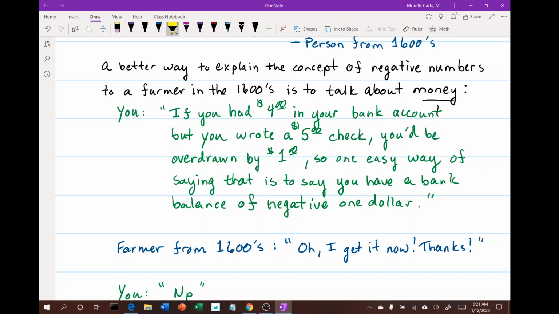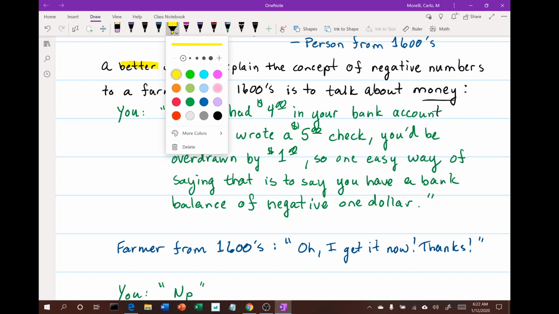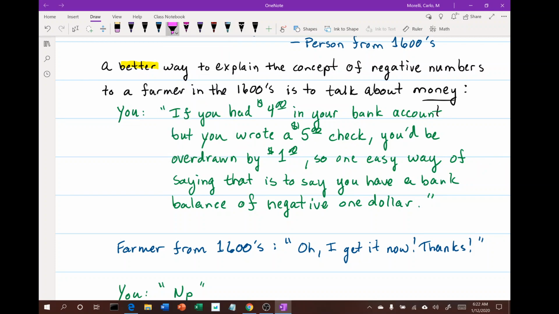So, a better way to explain the concept of negative numbers to a farmer in the 1600s is to talk about something we all know a lot about and have a kind of instant familiarity with, and that's money. So here's you, the viewer, talking to the person in the 1600s. If you had $4 in your bank account, but you wrote a $5 check, you'd be overdrawn by $1.